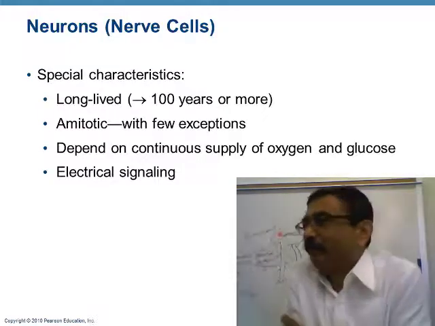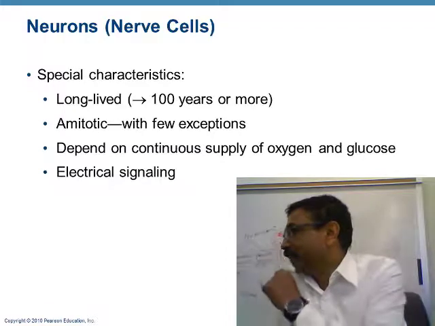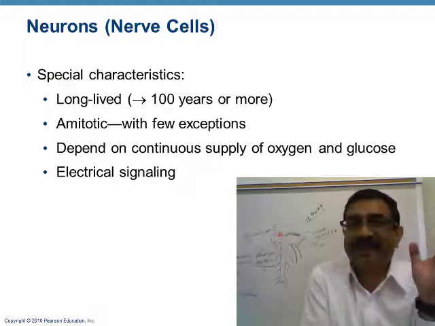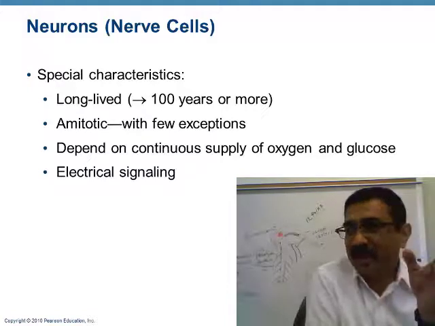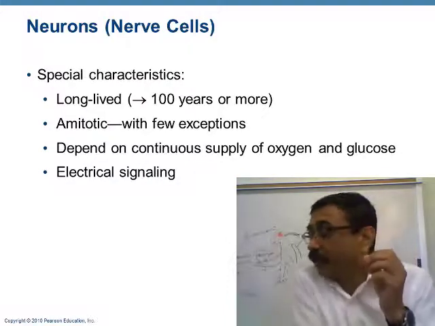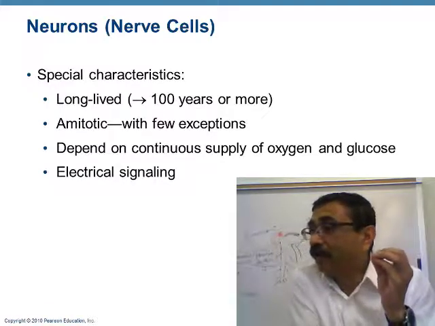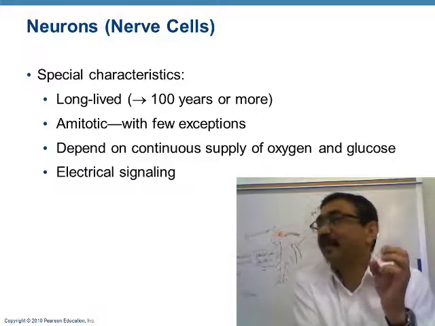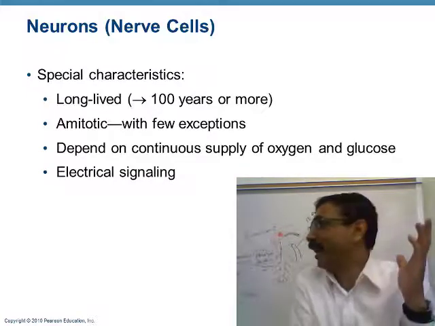But remember, neurons, although are long-lived, but there is a condition. If you don't bother them, okay, if you don't disturb them. Opposite is true too. Neurons are most sensitive cells of the body. Most what? Sensitive cells of the body can quickly die if you bother them.